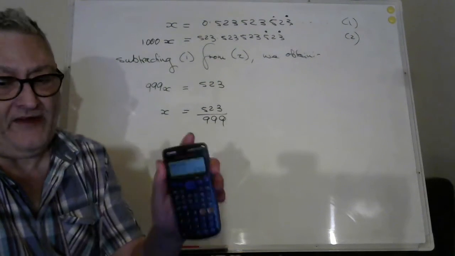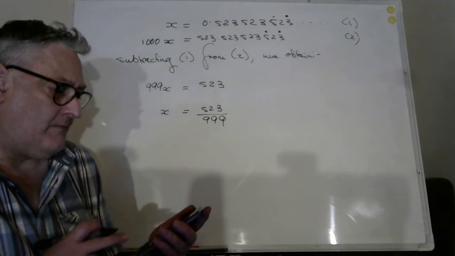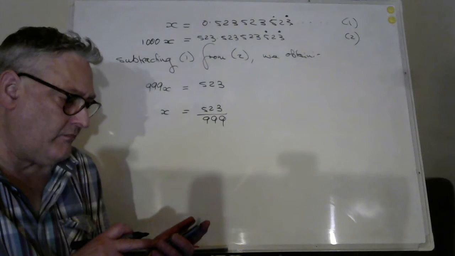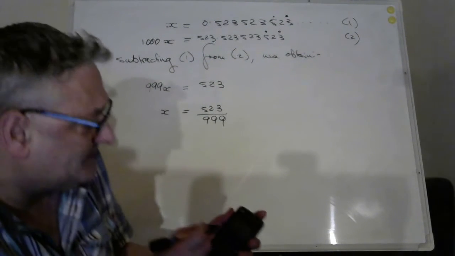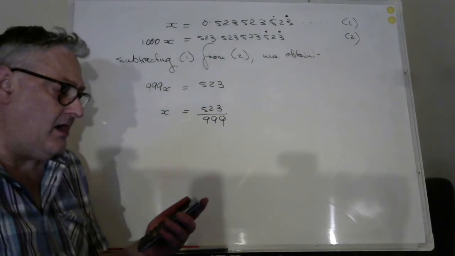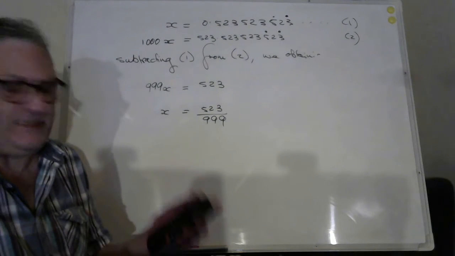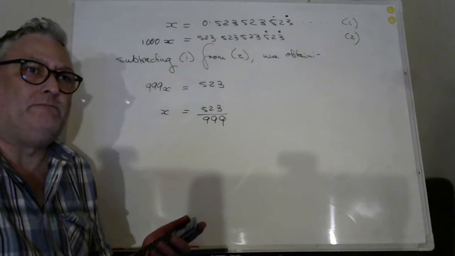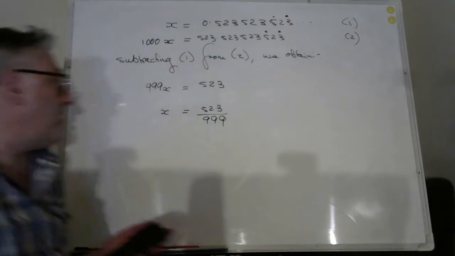And what it's got there is 0.523, but actually we need to put it into engineering or scientific form. And of course what we get is 523, 523, 523. It's put it into scientific form, multiplied by 10 to the minus 9. But that should indicate where the decimal point goes.